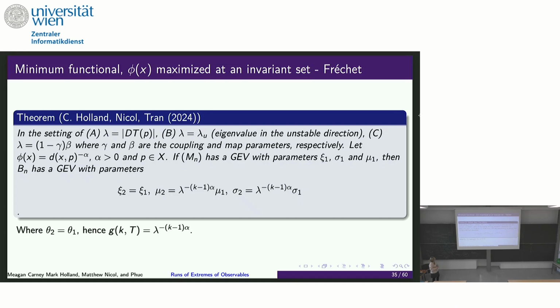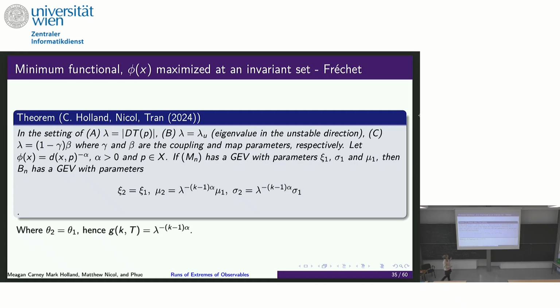Okay, and then as I said before, we let our observable be the Fréchet observable. And we assume that Mn has a GEV with parameters given by xi 1, so that's our shape, sigma 1, our scale, and mu 1, our location.